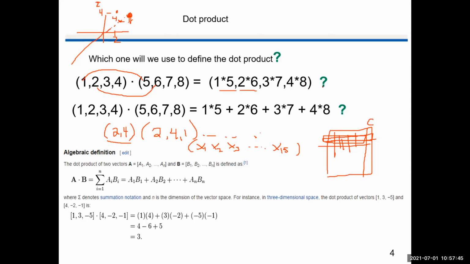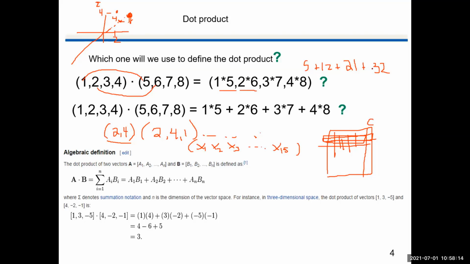But we don't stop there. What we do is we add those numbers together. So we would take 5 plus 12 plus 21 plus 32. Okay, so we can do that. Very easy thing to do. You just multiply each by each and then sum up what you get. So what do I get, by the way?